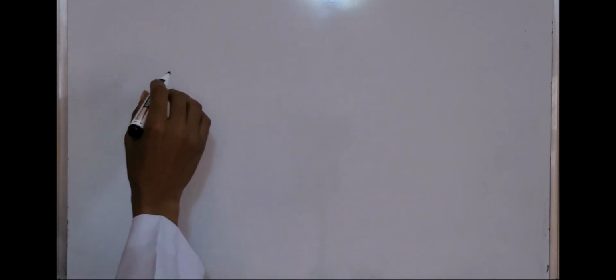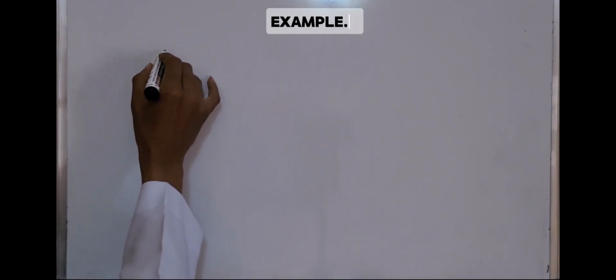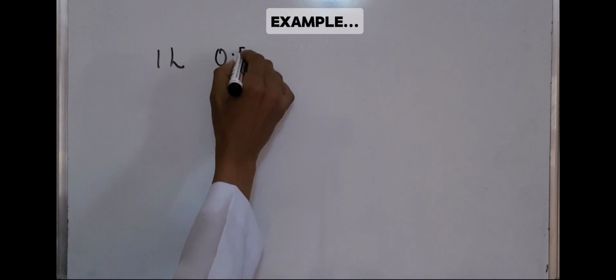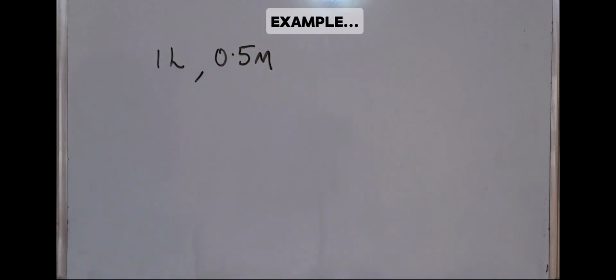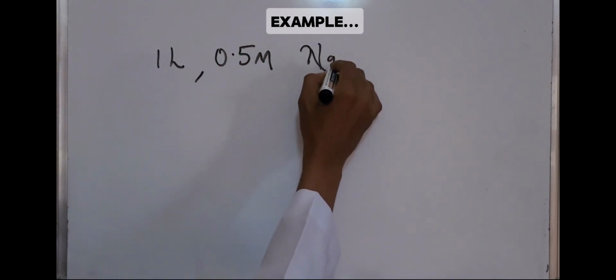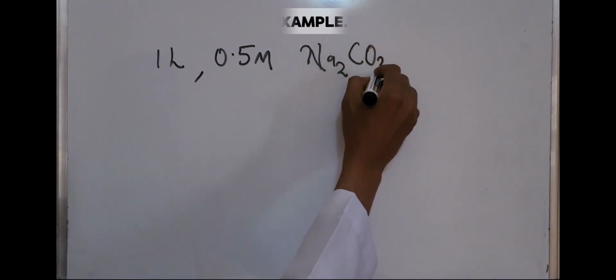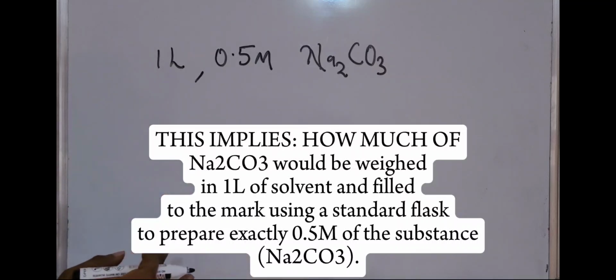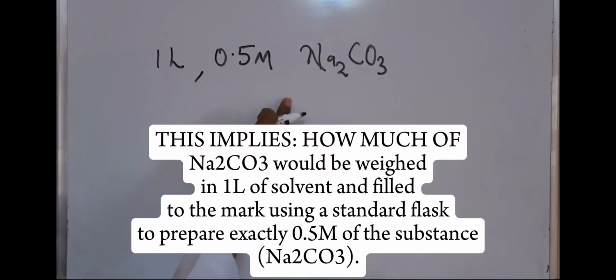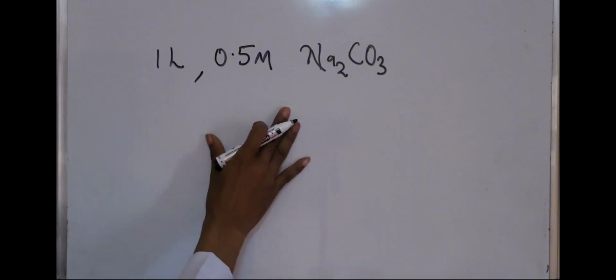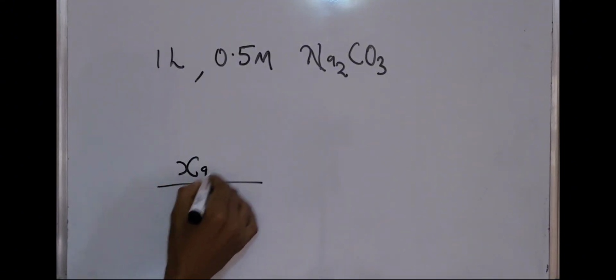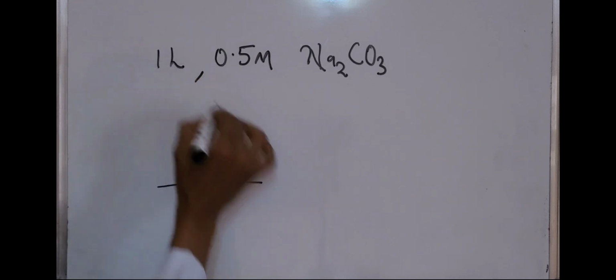Let's take, for example, you were asked to prepare 1 liter of 0.5 molar sodium trioxocarbonate(IV). You see, now you ask, how would you prepare this? How to calculate this is how to prepare it. Basically, if your answer is, let's say, X gram, it has to bear 1 liter.